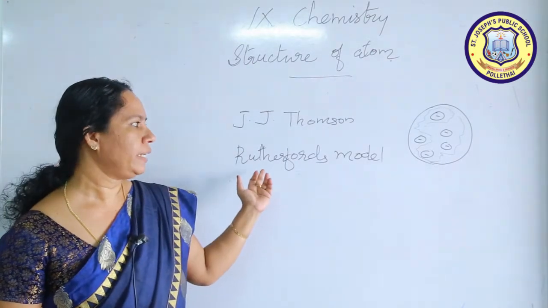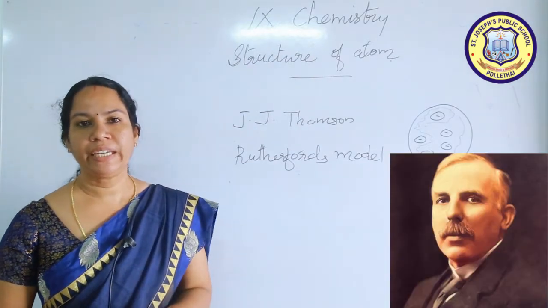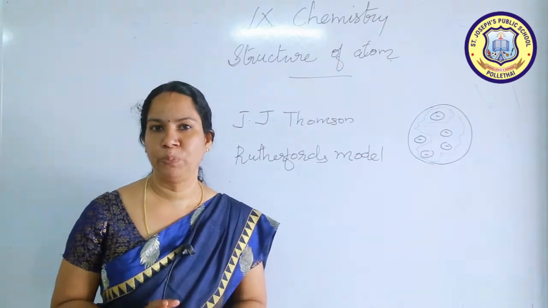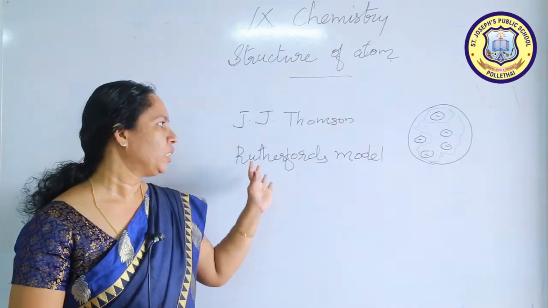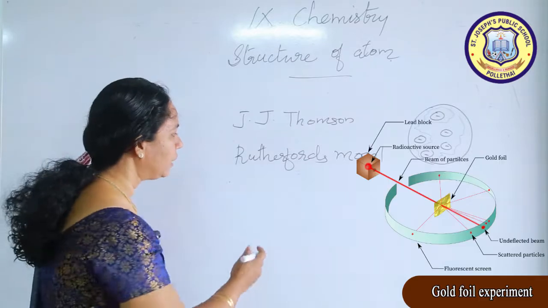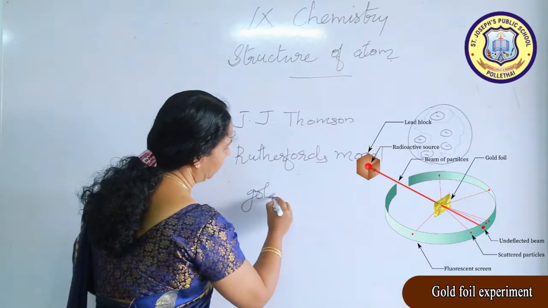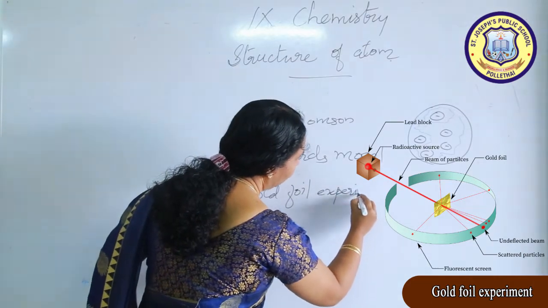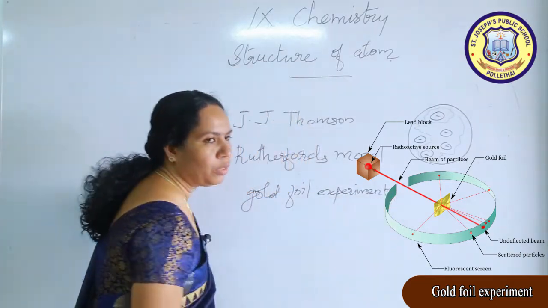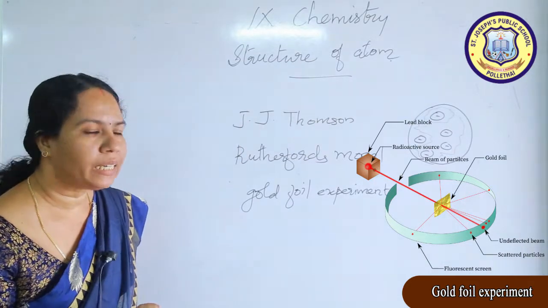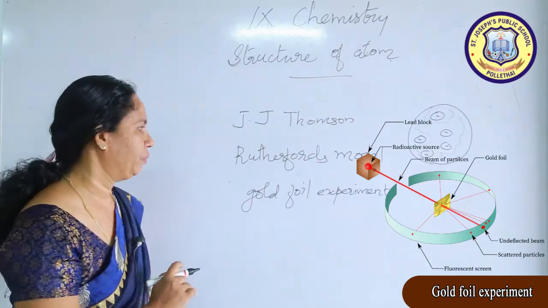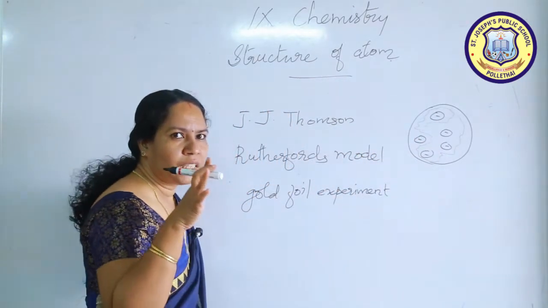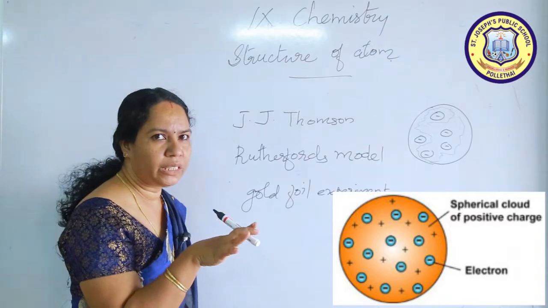So another scientist called Rutherford was very interested to know how electrons are distributed in atom. So he did his gold foil experiment. See, J.J. Thompson said that atom is a sphere consisting of positive charge.